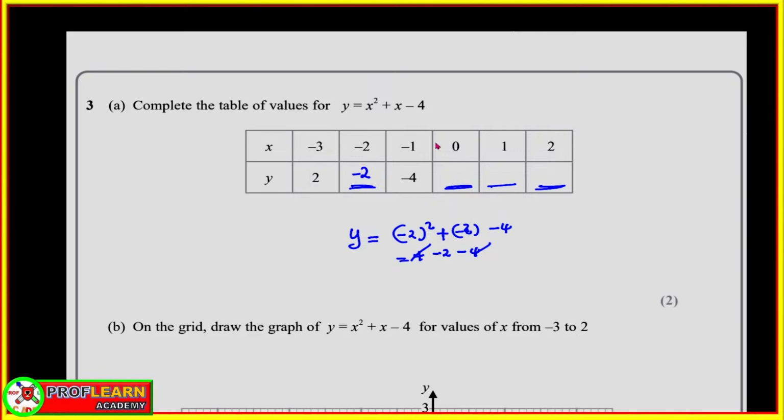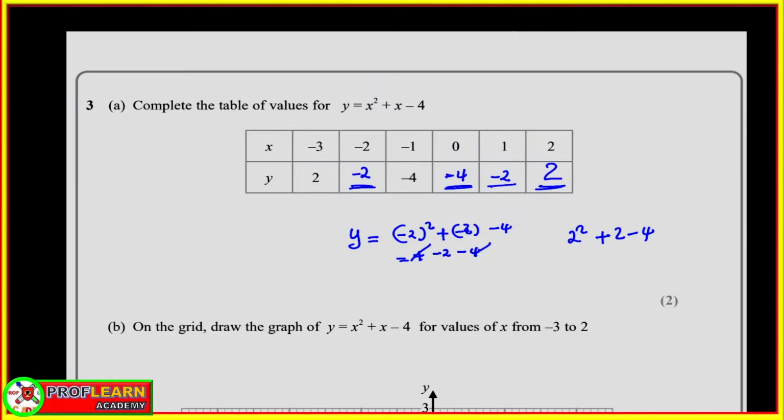When x is 0, it will be 0 plus 0, that will be -4 here. And when x is 1, it will be 1 plus 1, which is 2, minus 4, and that will be -2 there. And this is going to be 2 squared, plus 2, minus 4, and the answer is going to be +2.